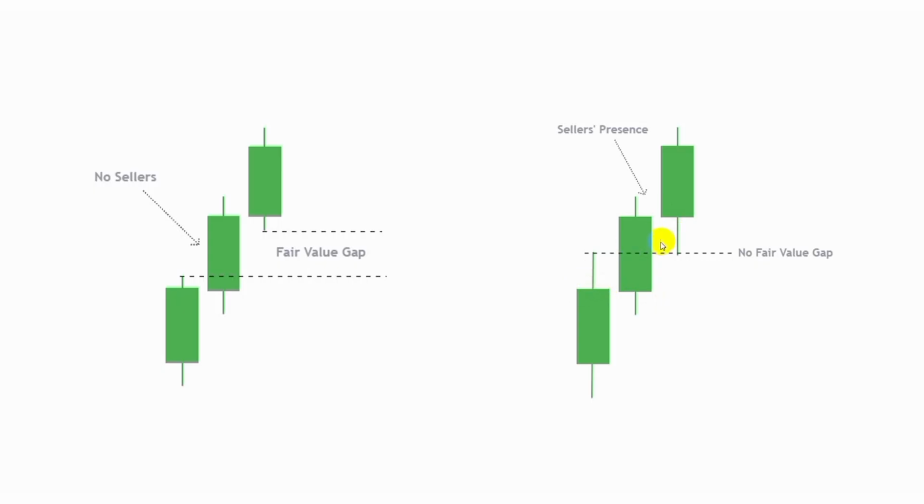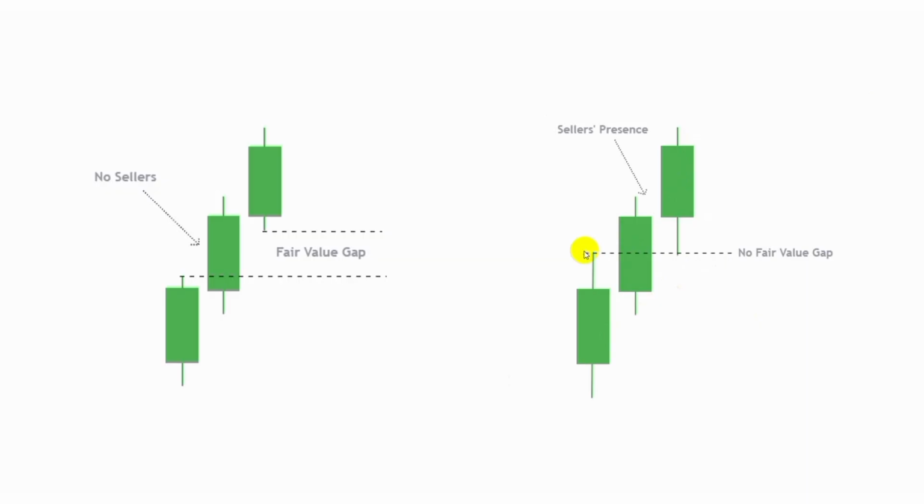So you can see here we have the presence of sellers, because we have an impulsive bullish move. But then in this particular candlestick, the third candlestick, the sellers actually push the market to the downside to balance the markets, to not leave any form of gaps in the price action, to not leave inefficiency, to not leave imbalance. And then now you can see that we have the bullish candle to the upside.